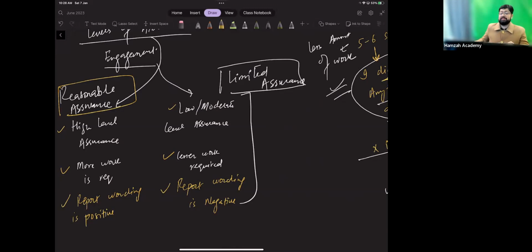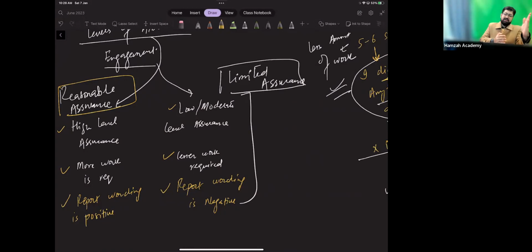If I ask you one thing, which I have told you already, which one thing is making a difference between the two? What is the core? What is the root? Because one is called reasonable assurance, the other is called limited assurance. What is the root? So the answer should be, let me tell myself, amount of work.